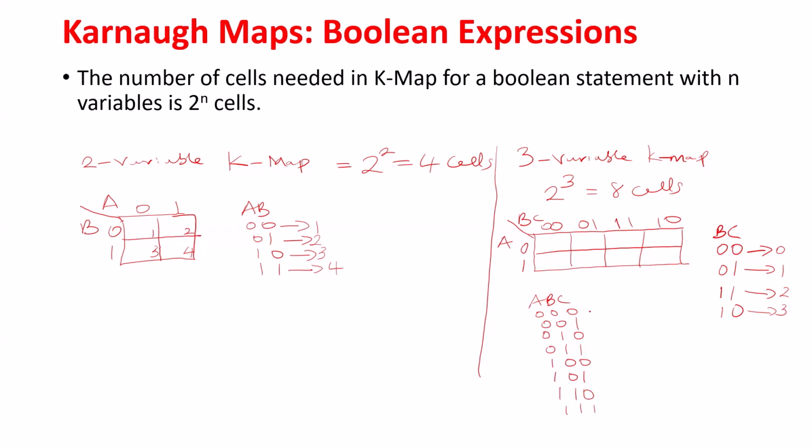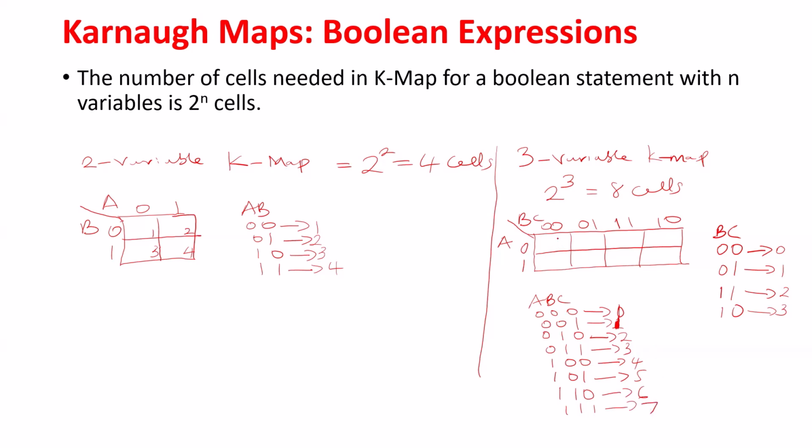So we label these as cells 0, 1, I beg your pardon, 2, 3, 4, 5, 6, and 7. So that determines the numbering here.